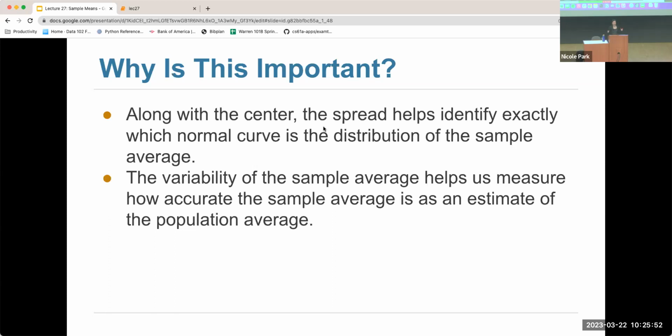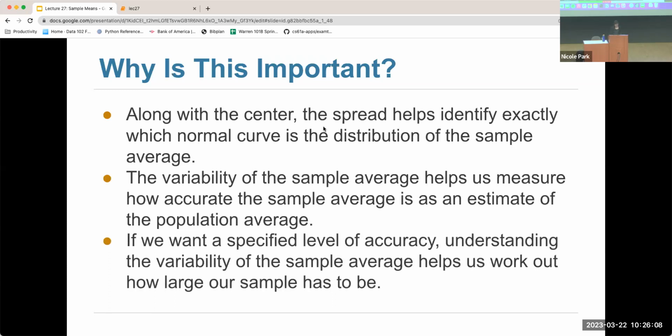But let's say that I have a really large sample, or lots of different samples. I'm able to say, with this distribution, that I have this amount of confidence that the population mean is about this much. So that is why we care so much about finding this distribution.